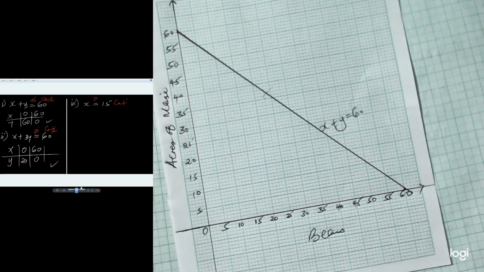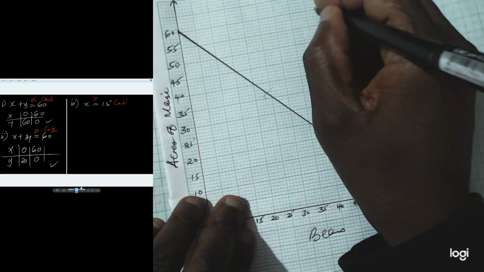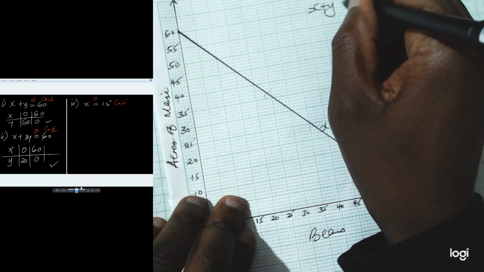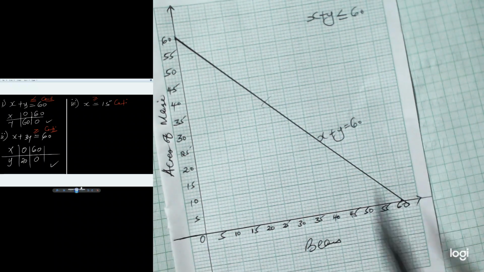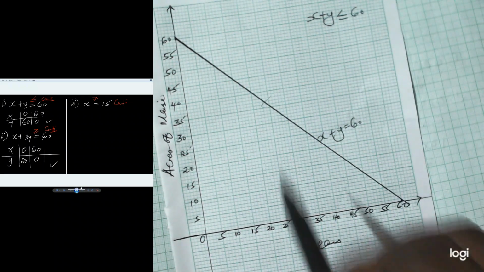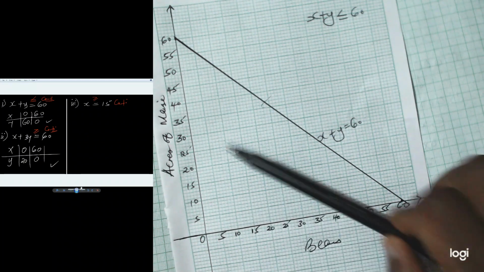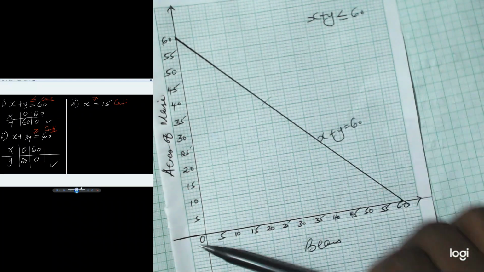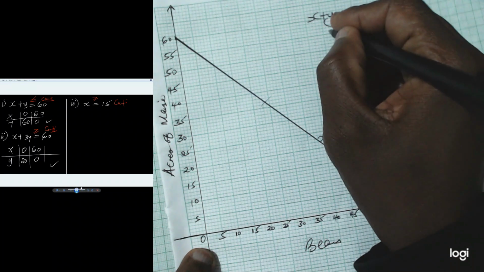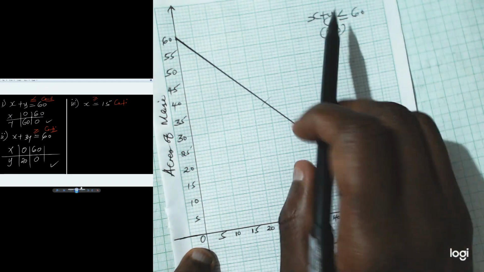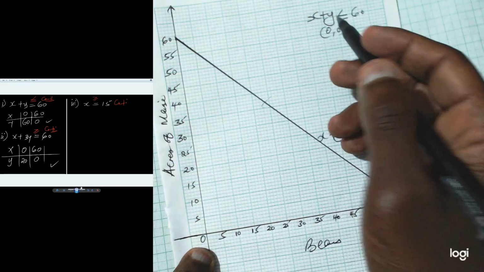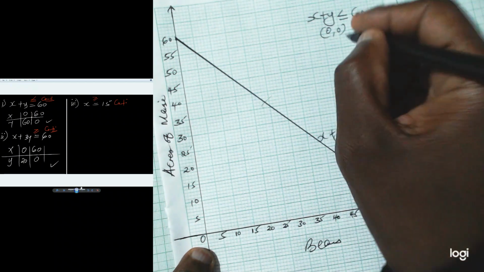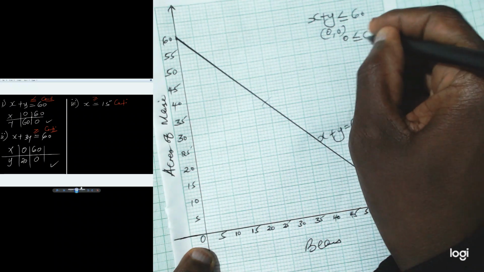Now we need to determine the side that you're going to shade. And this is how we do it. So x plus y is less than or equal to 60. That is the inequality representing that line. So we choose a point on either side. So I'll choose the point on this side. Let's say 0, 0. And then I substitute 0 in x and 0 in y. So on the left hand side, x plus y will be 0 plus 0. It will be 0. 0 is less than or equal to 60.